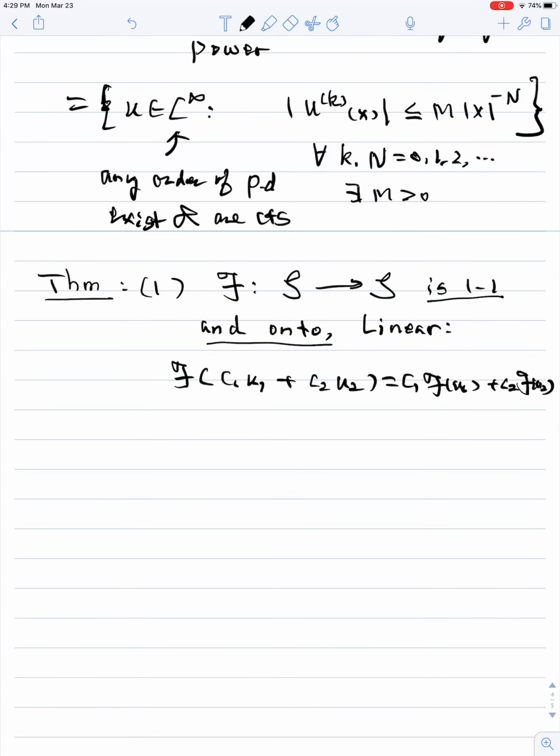Now, the reason that we are learning the Fourier transform here is that we want to use it to solve a partial differential equation, and the property that is useful to us when doing so is this property about derivatives.